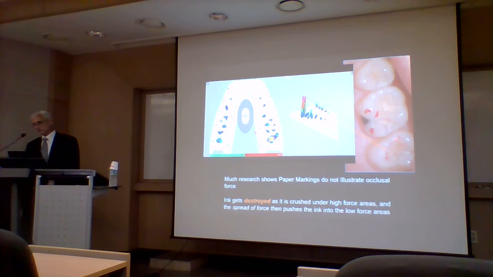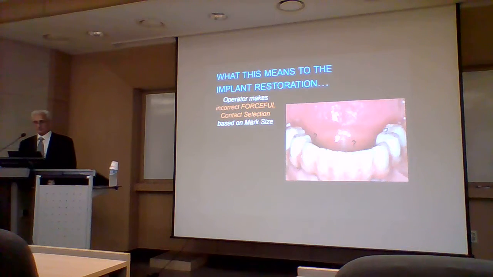Essentially, there's so much pressure that the ink cannot stay between the teeth. 남아있지 못하게 되는 거죠. 이건 프레셔 해가지고 없어졌다고 얘기하지만 그런 것보다도 물감이 묻어 있는지 아닌지를 생각하는 거죠. So what this means to the implant restoration is that the clinician tries to choose force looking at ink.